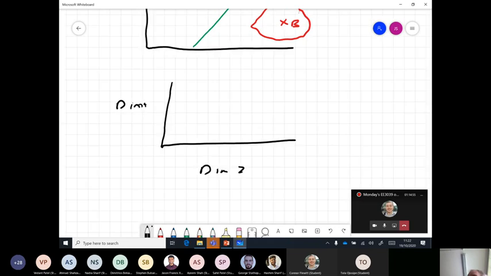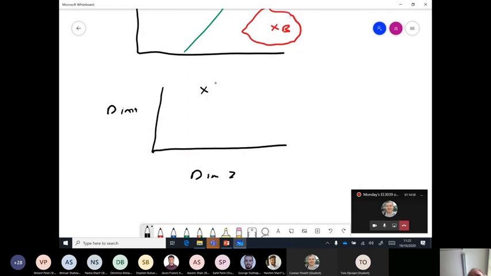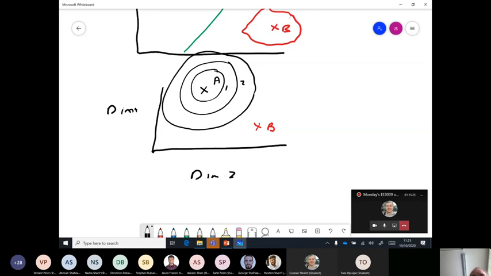If I take the single pattern A, which represents the class A, and let's keep the color the same, and the reference pattern B, distances or contours of equidistance around A will be circles. So that's distance 1, that's distance 2. Let's draw a third one. And around B, we will have contours of equidistance 1, 2, and 3.